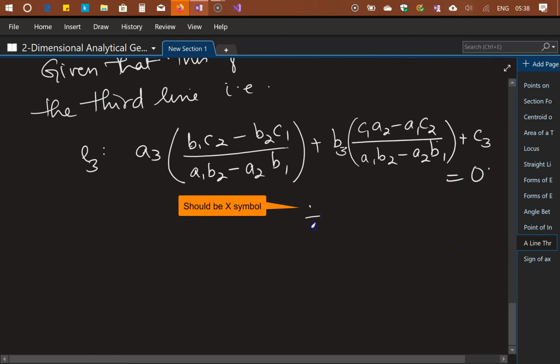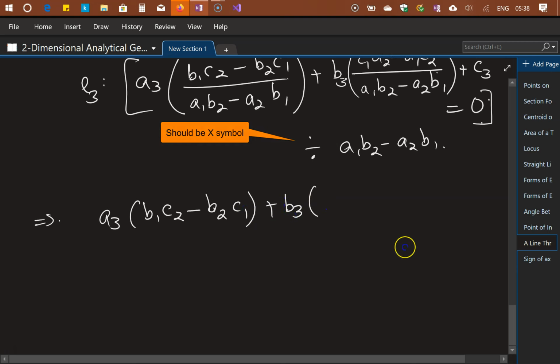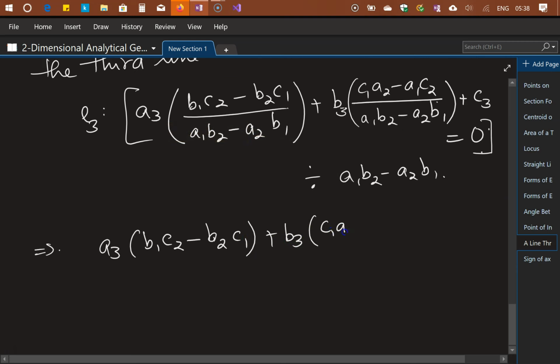Let's multiply this entire thing by A1 B2 minus A2 B1. So what do we get? A3 times (B1 C2 minus B2 C1) plus B3 times (C1 A2 minus A1 C2) plus C3 times (A1 B2 minus A2 B1) is equal to 0.